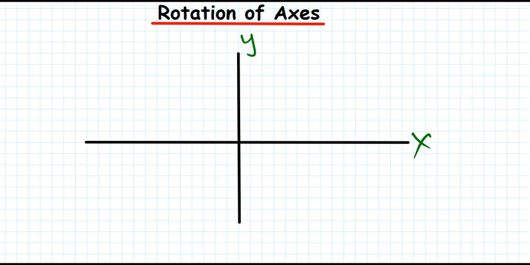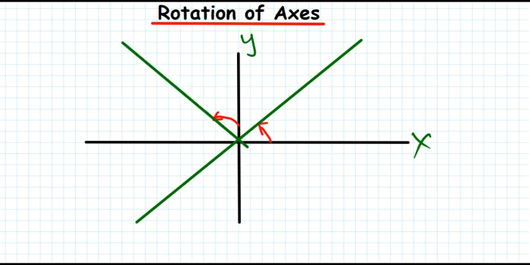What happens if you rotate it counterclockwise by a certain magnitude of an angle this way? You rotate the x axis, and then you rotate the y axis by the same magnitude. Then this becomes your new y and your new x there.